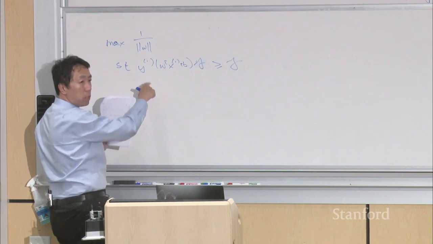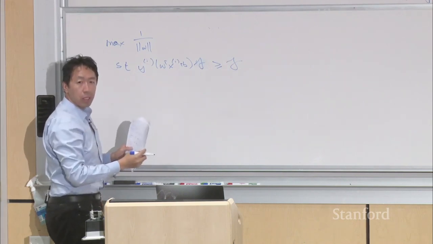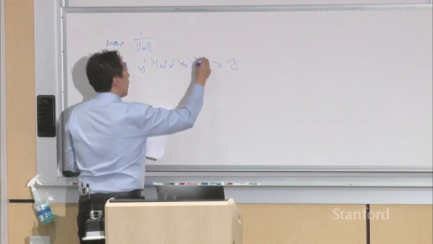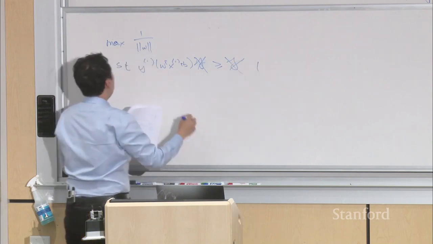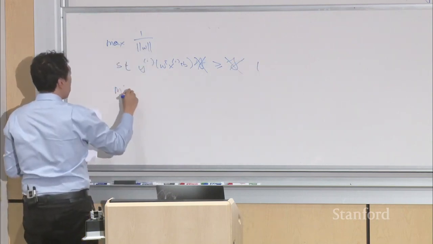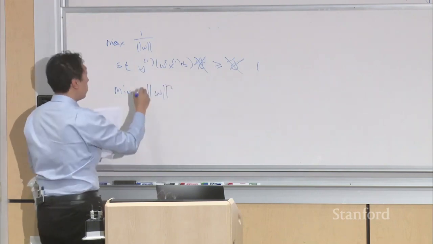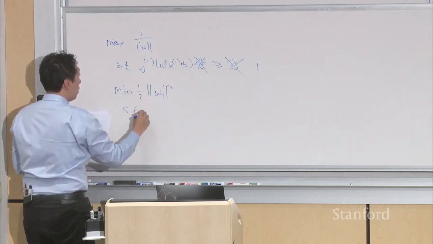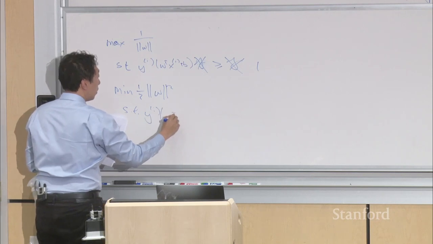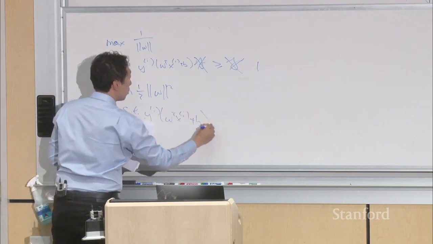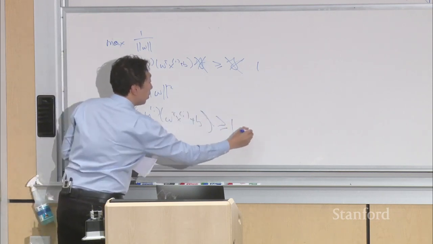So if you substitute norm of W equals 1 over gamma, that cancels out, and you end up with this optimization problem. Instead of maximizing 1 over norm of W, you can minimize 1/2 the norm of W squared subject to this. Right?